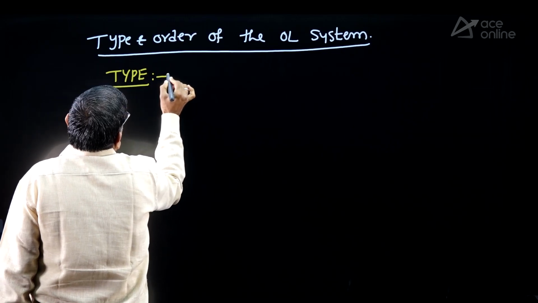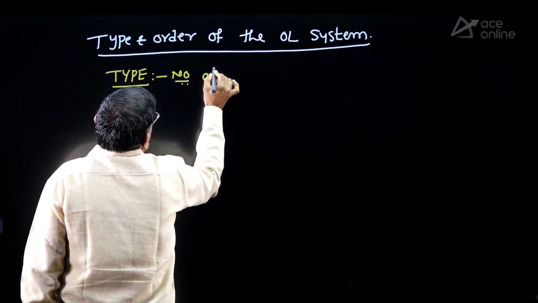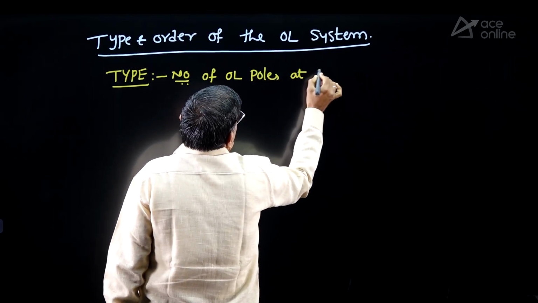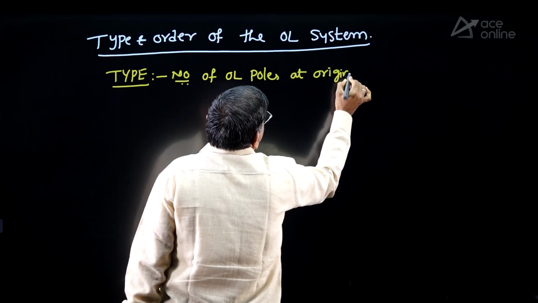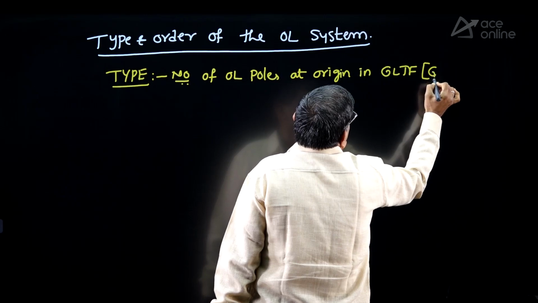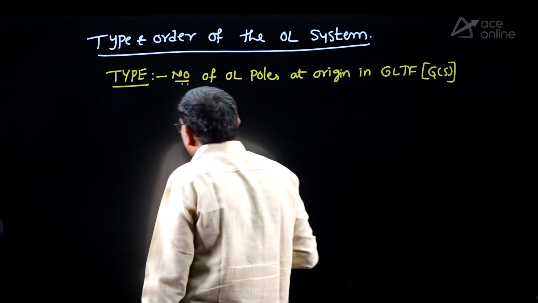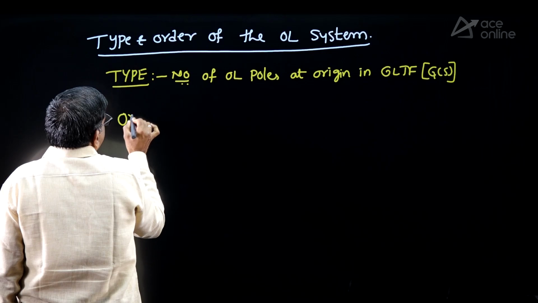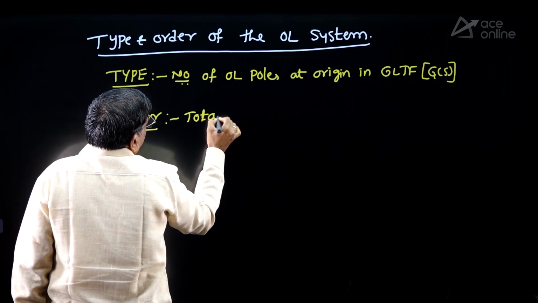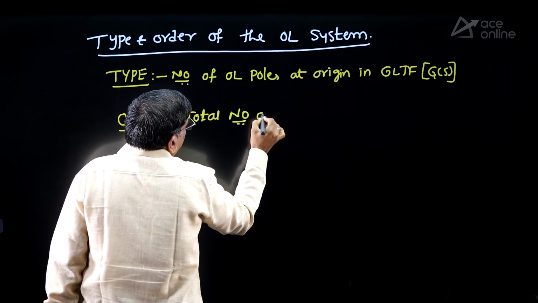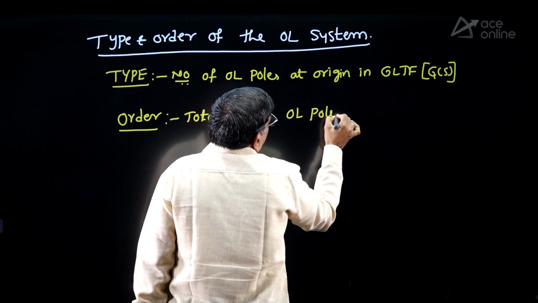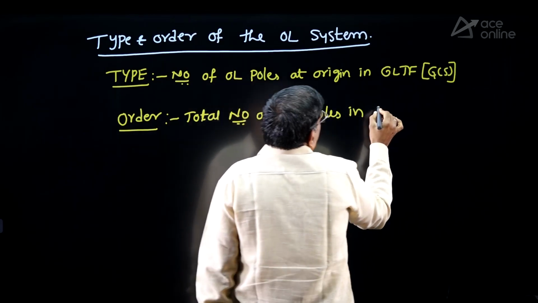Type is the number of open loop poles at origin in the open loop transfer function, that is G of S. Order of open loop system is the total number of open loop poles in the open loop transfer function.